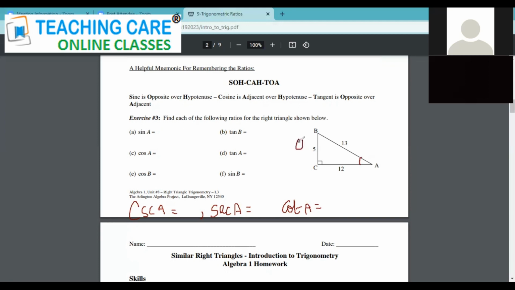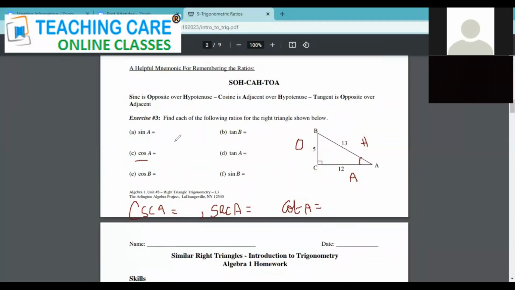Mark it out. This is my angle A. This will be my opposite side, 12, this is adjacent, and the hypotenuse is 13. So 12 over 13. Okay, next. Cosine of A. Sine is opposite side by hypotenuse. What is cosine?